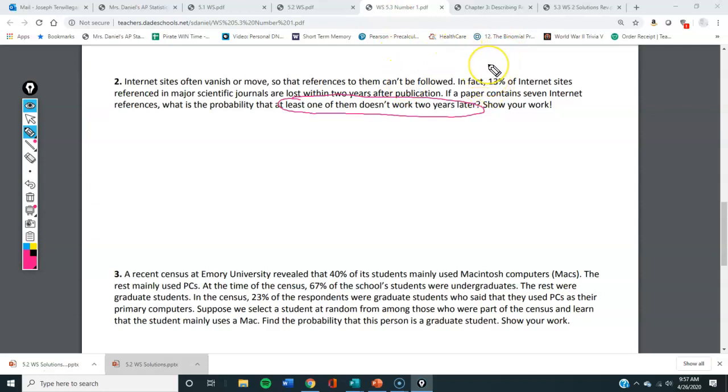It'd be easier if at least 1 doesn't work means it's the complement of all of them work. So it's the opposite of all of them work. So to do this one, I'm going to do 1 minus they all work. That's going to be a lot easier, and that would equal my probability of at least 1 error. So what's the probability that they all work?